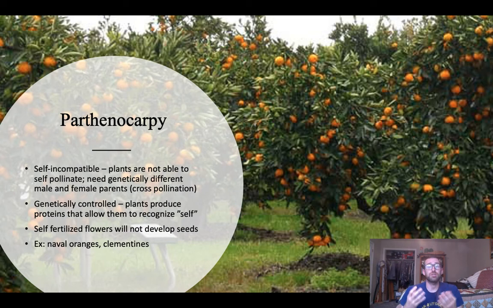And as a result, if that pollen does land on the plant, it will abort the developing seeds. So the fruit will develop as seedless. And we can see this sometimes in some of our navel oranges or some clementines. Could be nice if we are trying to produce these seedless varieties.